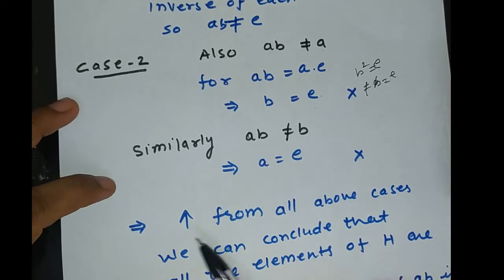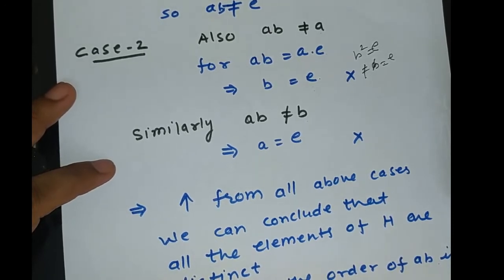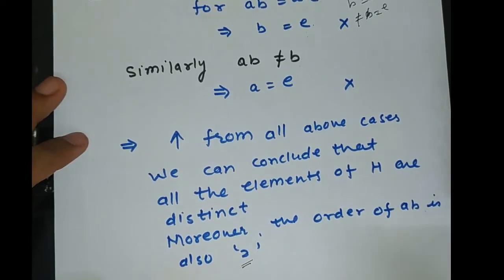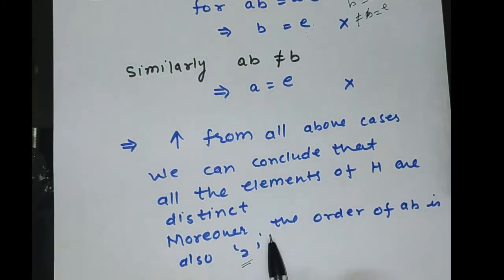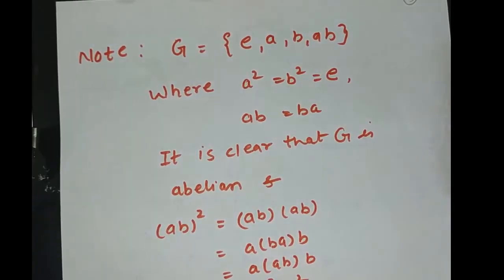So from the above two cases, we can conclude that all the elements of H are distinct. Moreover, the order of AB is also 2. So this is what we had to prove. Now, the most important result, which is based on this subgroup H. Look at this, this is the note point.